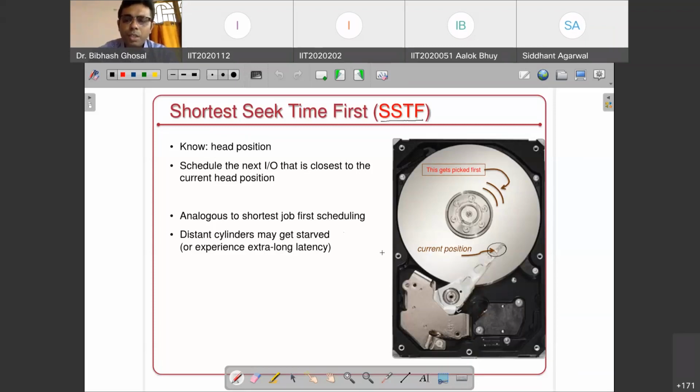The algorithm says that you know the current head position. Let me give you an example.